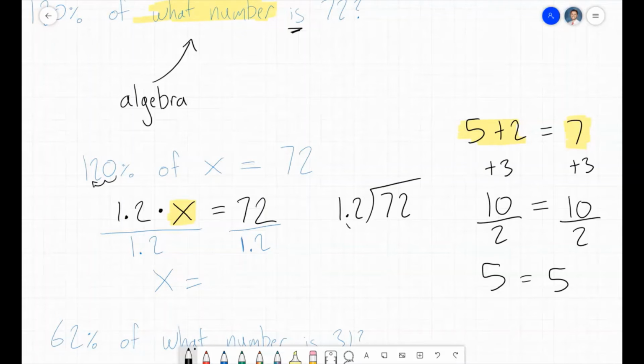We need to move our decimal once, which would give us 720 divided by 12. I know that 12 goes into 72 6 times, and 12 goes into 0 times. So x equals 60. This means that 120% of 60 equals 72.